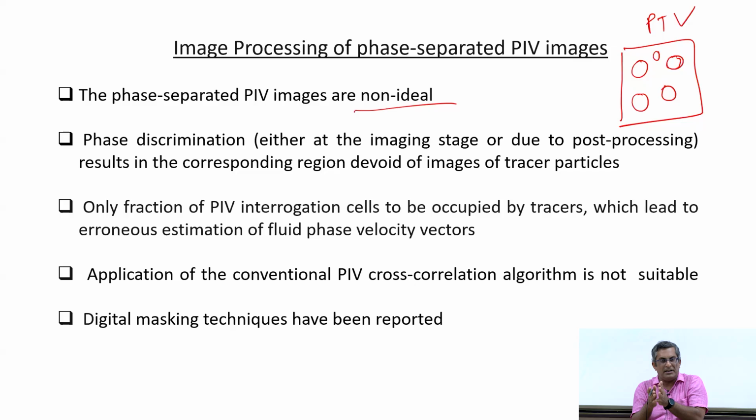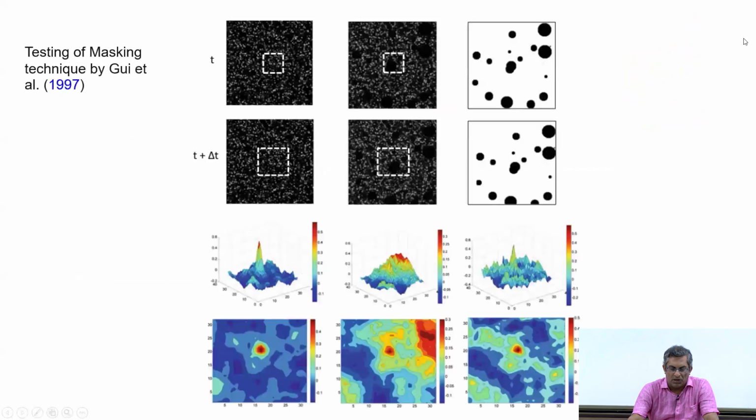But on the other hand, you have the tracer image which is devoid of the dispersed particles, so you have to process it some way. Different image processing techniques have been developed to account for such kind of non-ideal PIV images.